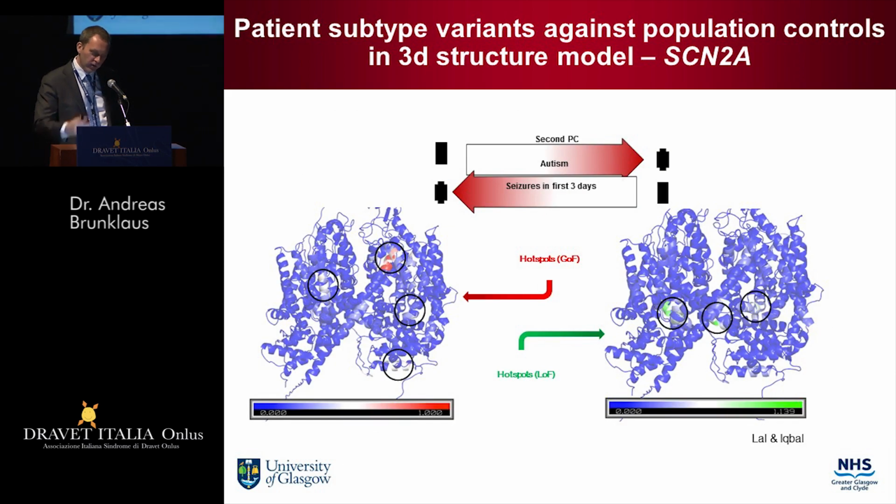You can then build this into a 3D model, where you might look for certain hotspots for gain-of-function variants that might be associated with seizures in the first 3 days of life, or you might look at hotspots of loss-of-function variants and those presenting with autism features. So this is really work in progress, but I think it would be worthwhile to pursue this, as it might have clinical implications.